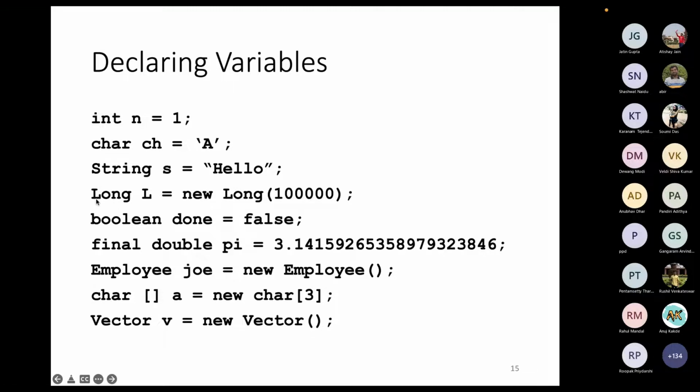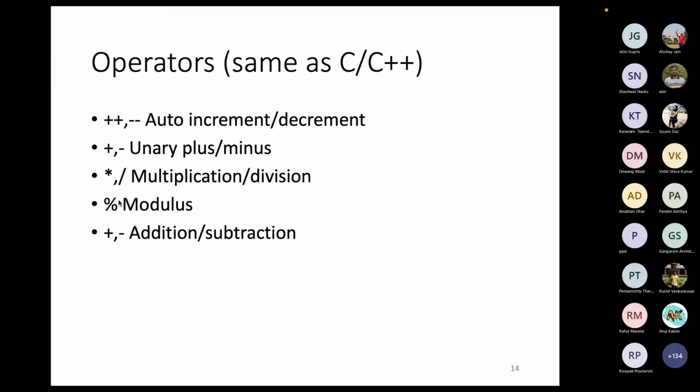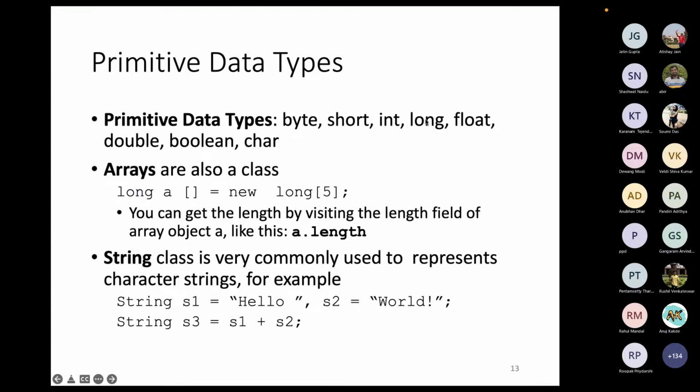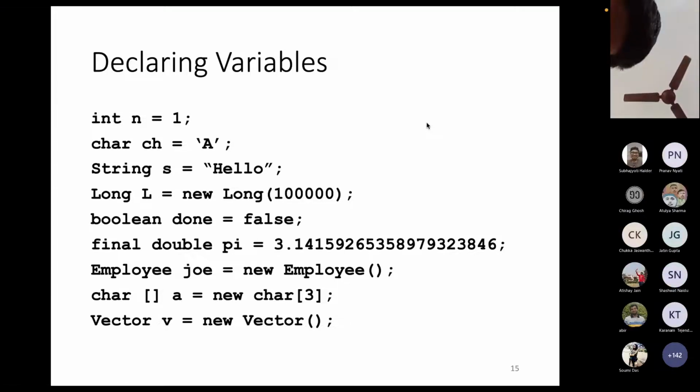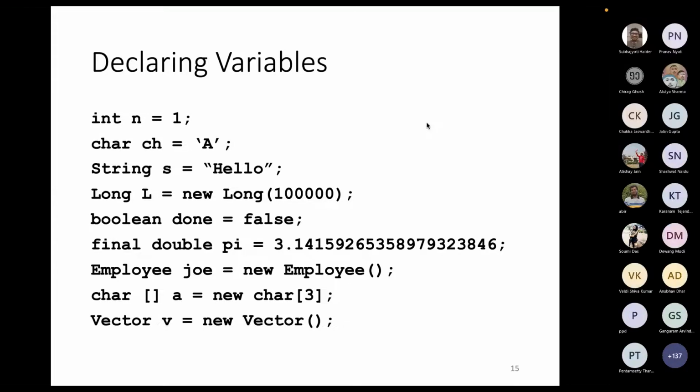So here you are using a capital L. Okay, so you have a type long, which is a small l. This type long with a small l is a basic type. For declaring a basic type, you don't have to use new, but actually for every basic type, you also have a class.